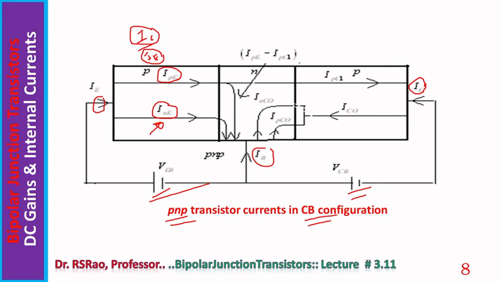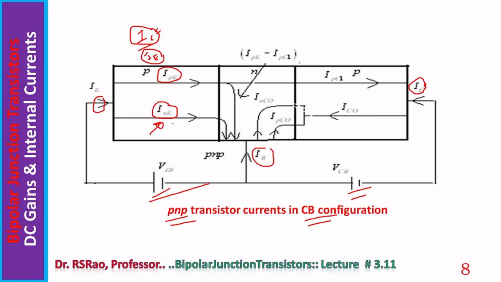It has two components. Out of the two, if we make IPE small, as a part of IPE is reaching the collector, IC also comes down. So it is not wise to touch IPE. The next alternative to get more gain is a reduction in INE.